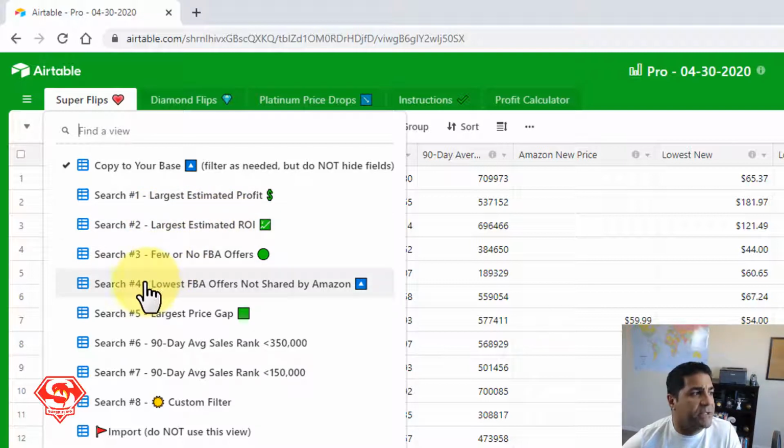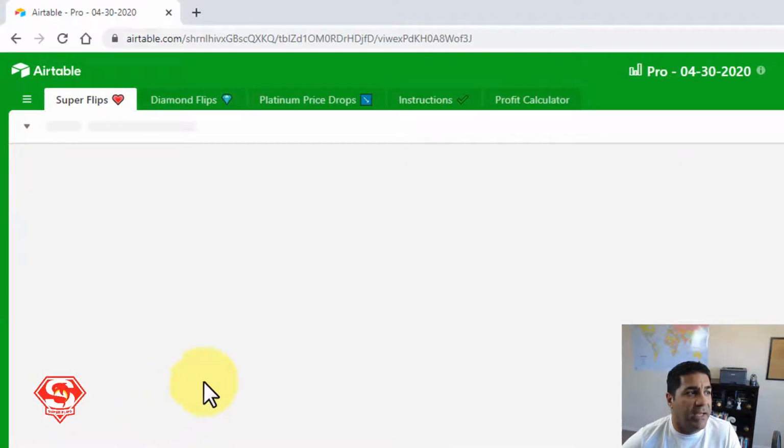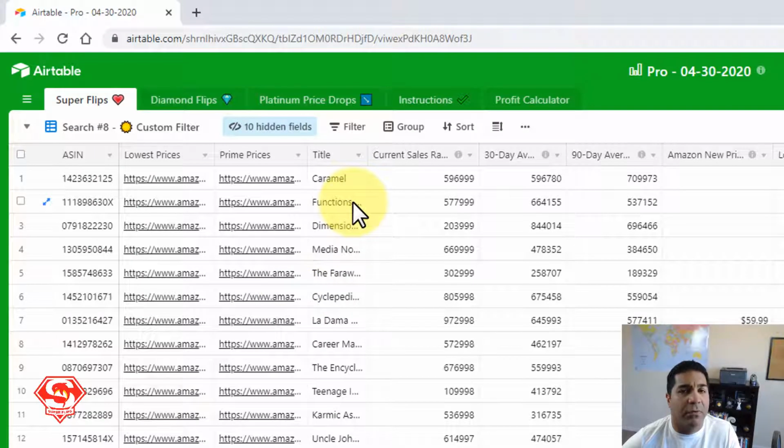But in option one, what we can do, however, is use any of these, but we can also create a temporary view. What I mean by that is you can sort and filter however you like using search number 8, and I'll show you that in a minute. But let me go over the data in here so you understand.